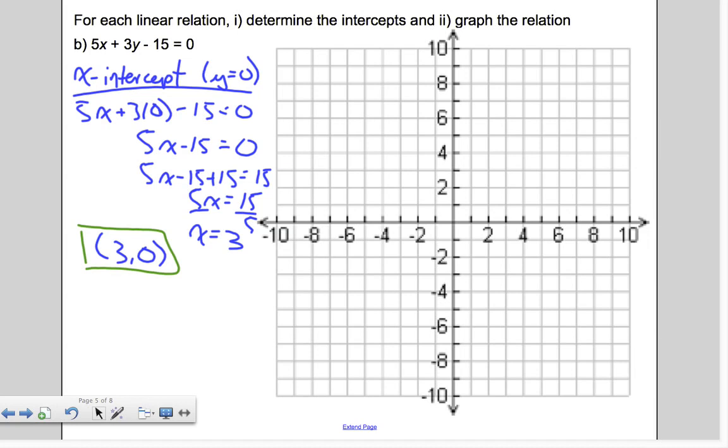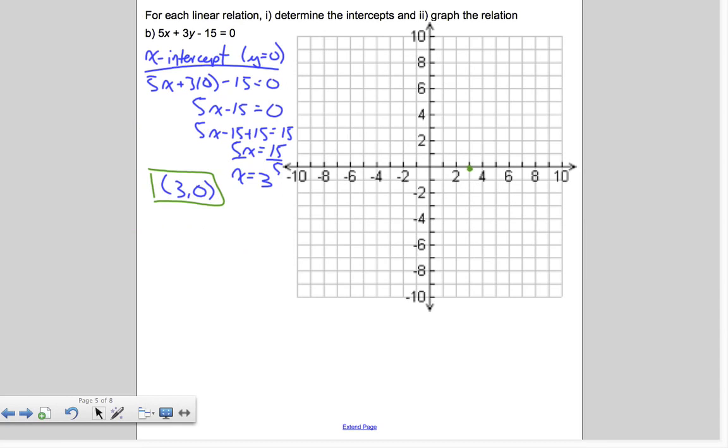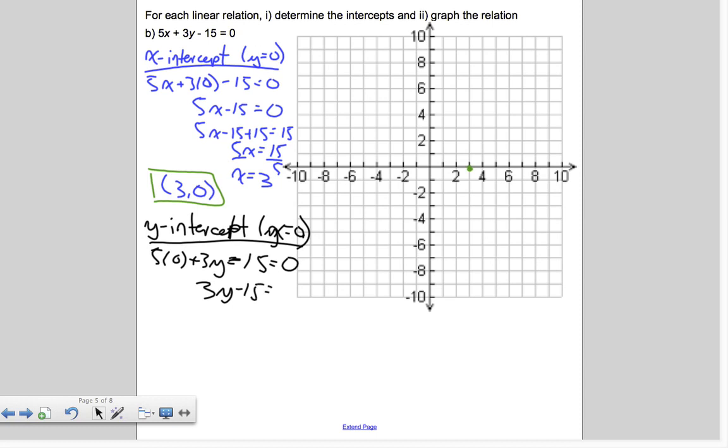So go plot this right here. And then for my y-intercept, x is equal to 0. So 5 times 0 plus 3y minus 15 is equal to 0. We get 3y minus 15 is equal to 0.